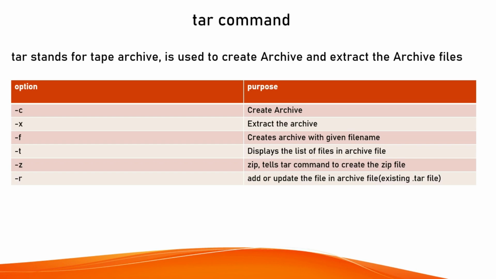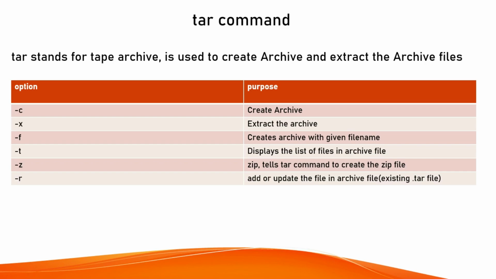So tomorrow if I have files a.txt, b.txt, and I want to archive those files, and I want to give the name of that archive file, that's where I will use tar -c, that means create, -f, and then I will give the name of my archive file, which can be demo.tar in this case, and then I will give a.txt, b.txt.